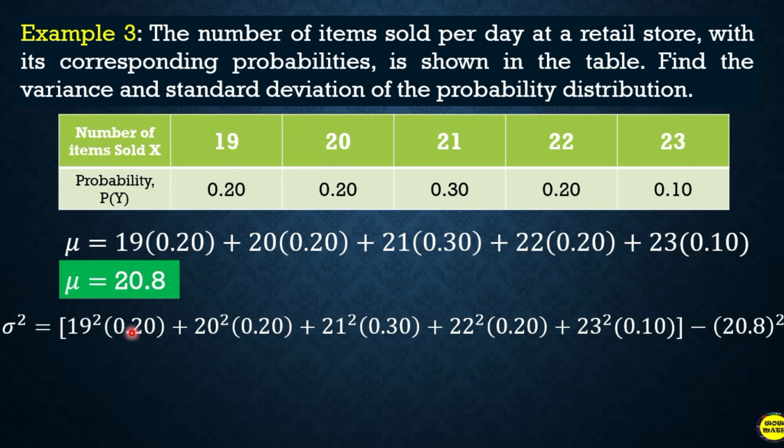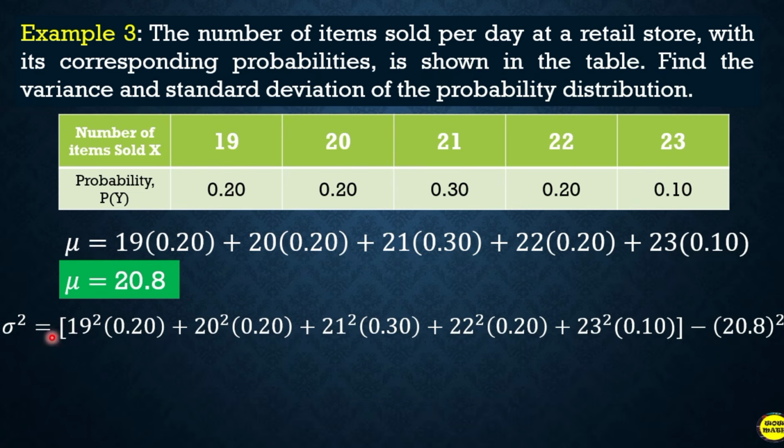So, again, paano computing yung variance ng probability distribution? So, squared lang natin yung values ng random variable. So, 19 squared times 0.20 plus 20 squared times 0.20 plus 21 squared times 0.30 plus 22 squared times 0.20 plus 23 squared times 0.10 minus the squared of the value ng mean natin. So, that is 20.8 squared.